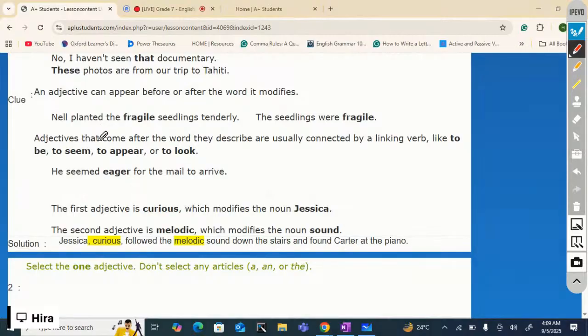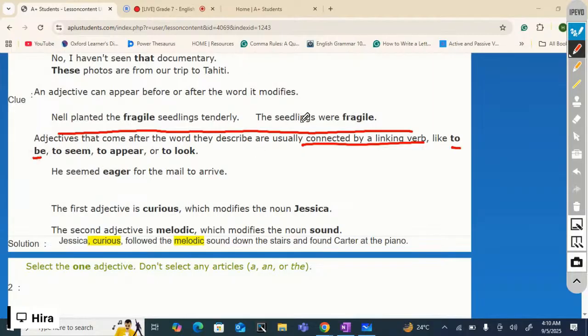Now, adjectives that come after the word they describe are usually connected by a linking verb. So, adjectives that come after the word they describe are usually connected by a linking verb, like to be.